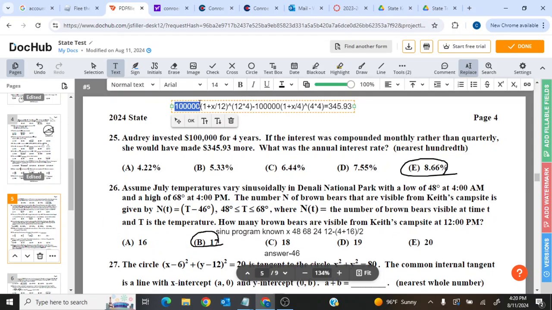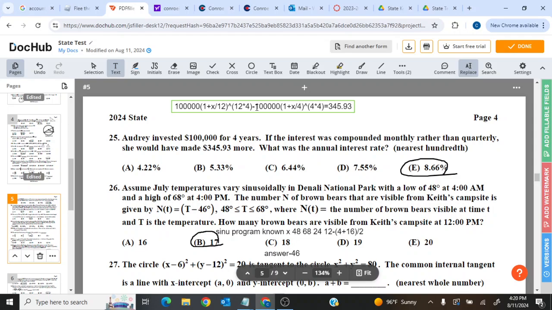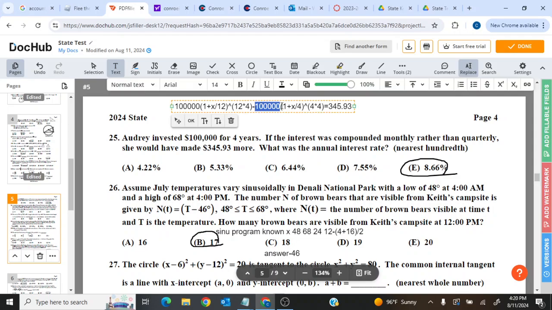100,000 invested in a bank that compounds monthly means that the amount is going to be 1 plus x, the unknown rate, divided by the number of times you compound, to the power of the time times the number of times you compound a year. So that's done there. Then you subtract it from the same situation when it was compounded quarterly.